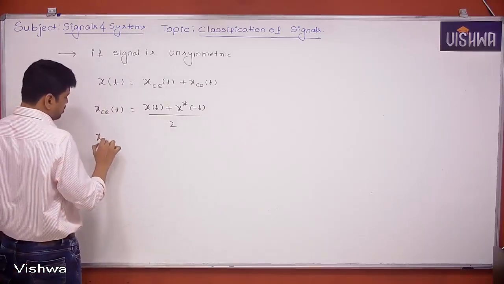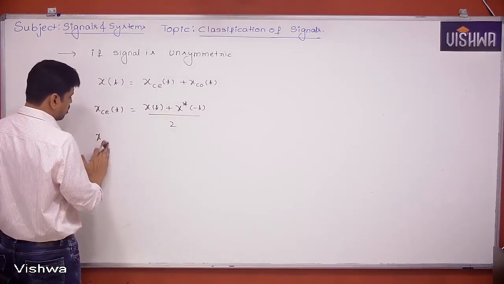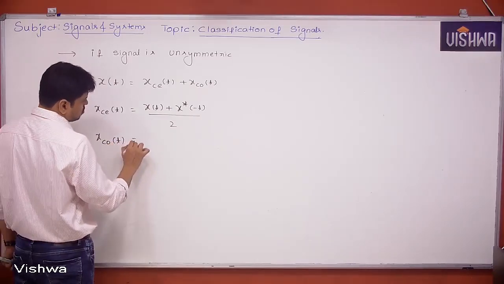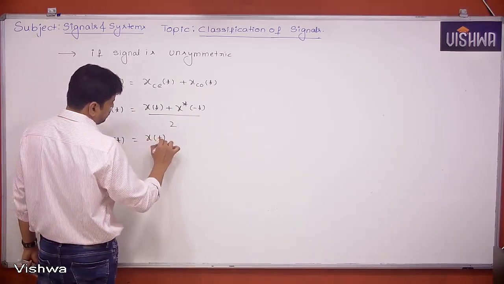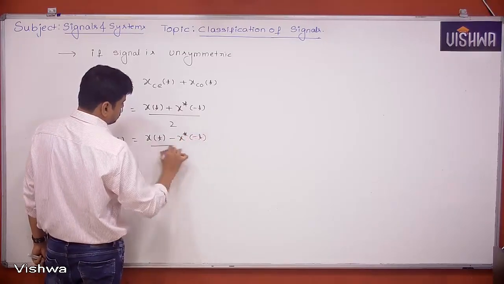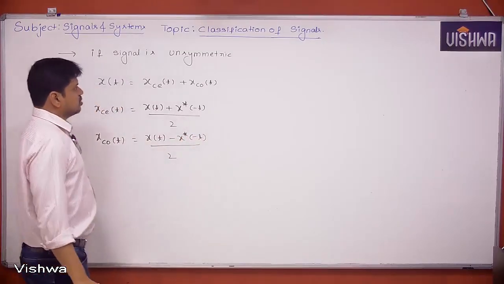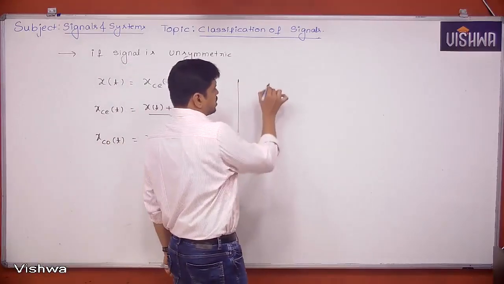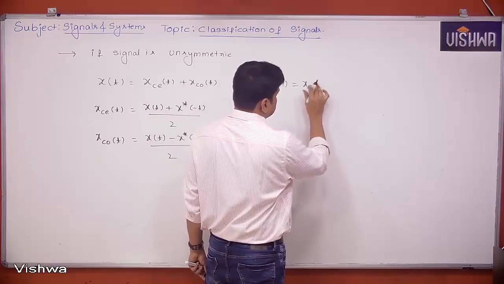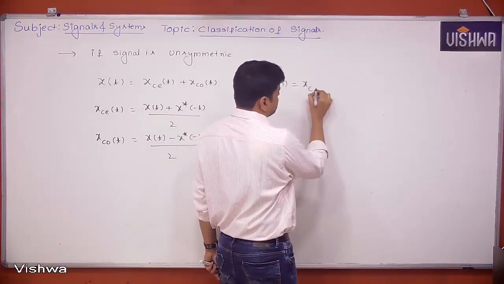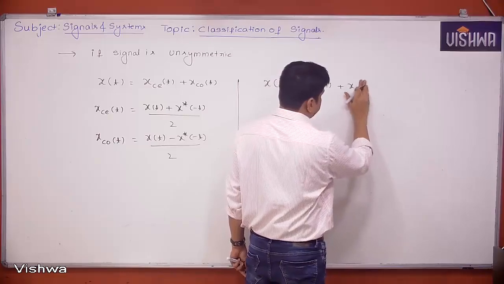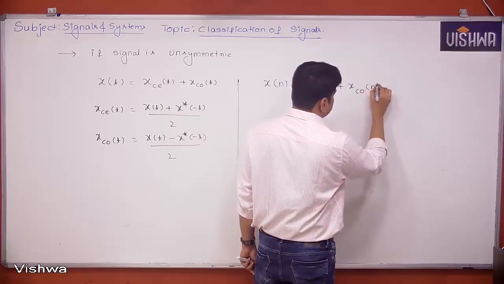In a similar manner, the complex odd part is calculated by x of t minus x conjugate of minus t by 2. For the discrete time case also, x of n is equal to the complex even part of n plus the complex odd part of n.